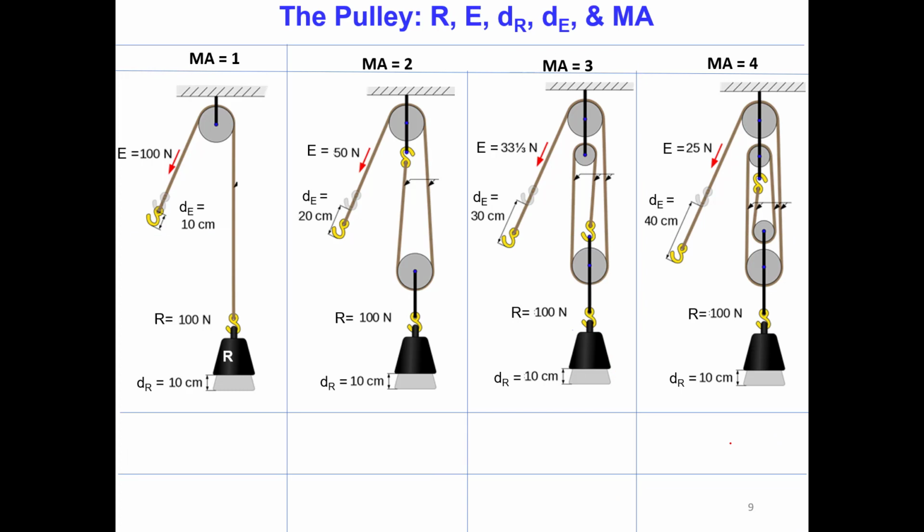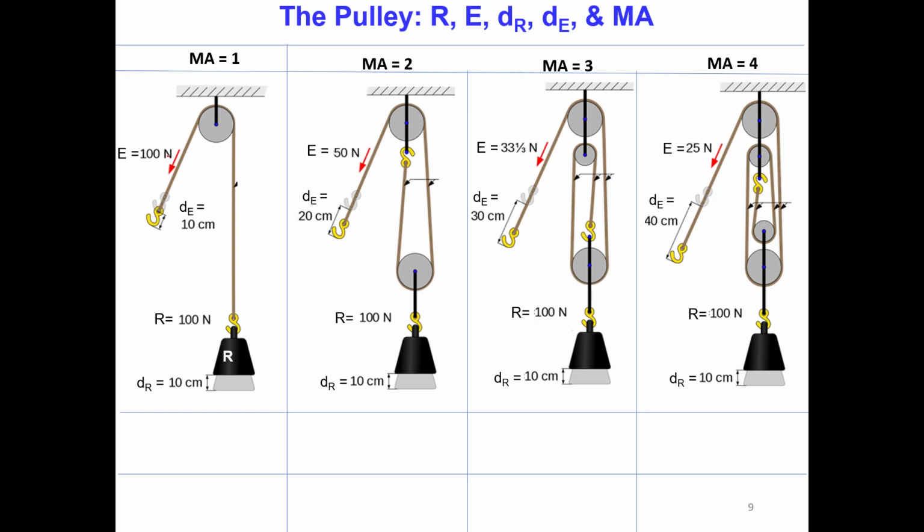Now let's talk about the relation between the resistance, effort, distance of the resistance, distance of the effort, and the mechanical advantage. We know the mechanical advantage in theory equals 1. Yes, equals 1. This is why we had 100, 100. But this is in theory. In a real system, what happens? There is friction, for example, between the rope and the pulley system.